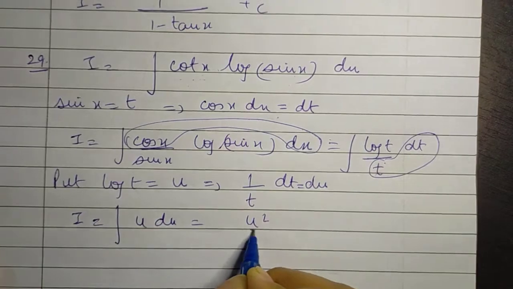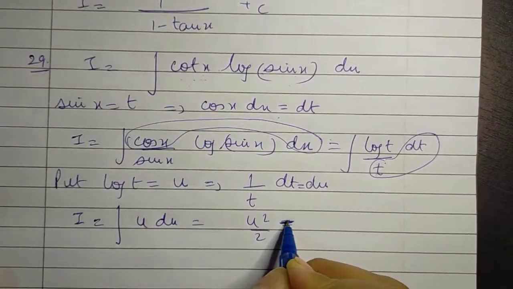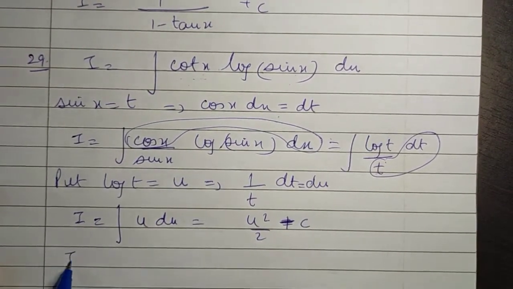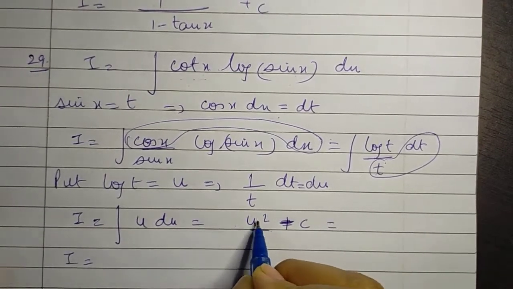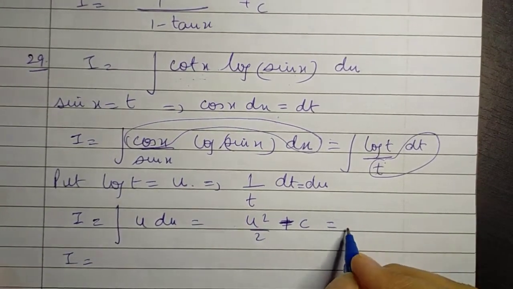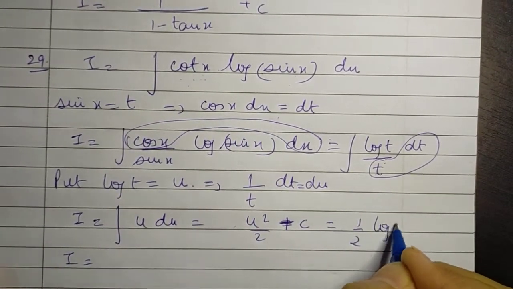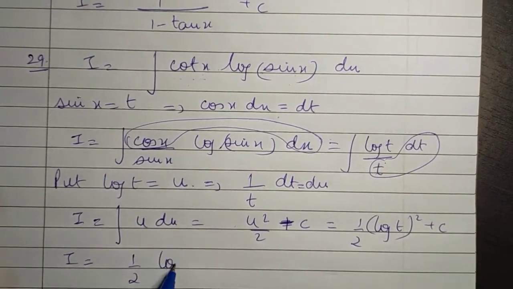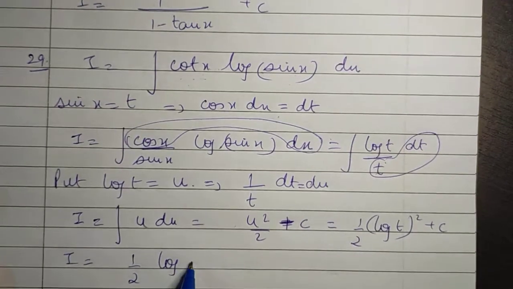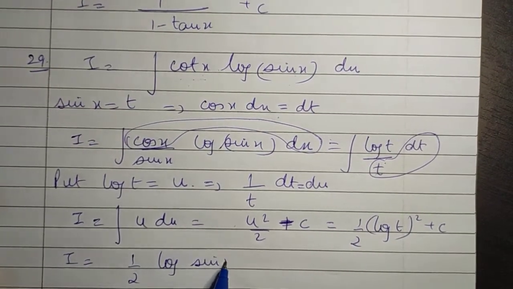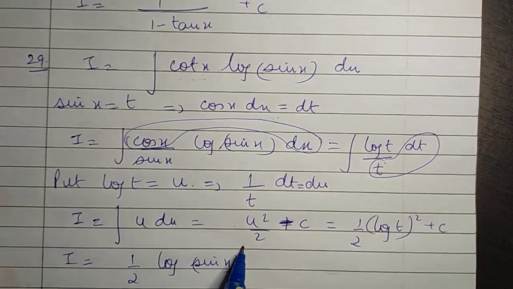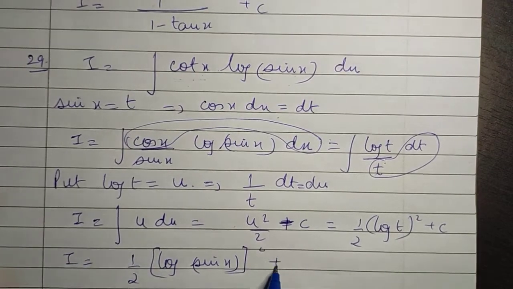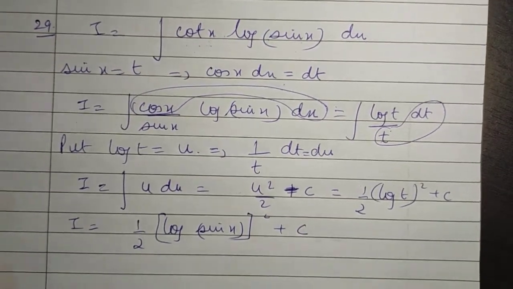This gives us u squared by 2 plus c. Now start replacing back, which gives you, in place of u you will write (log t) whole squared by 2 plus c, and so the answer is half of (log of, in place of t we'll write sin x) whole square plus c, which is the answer.